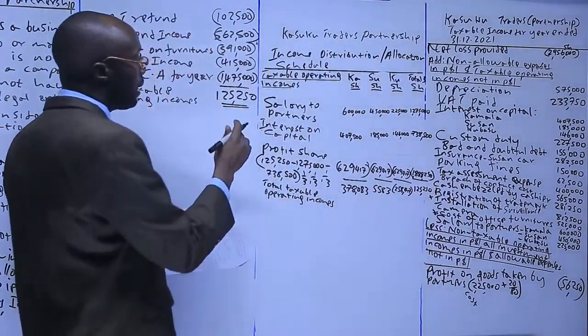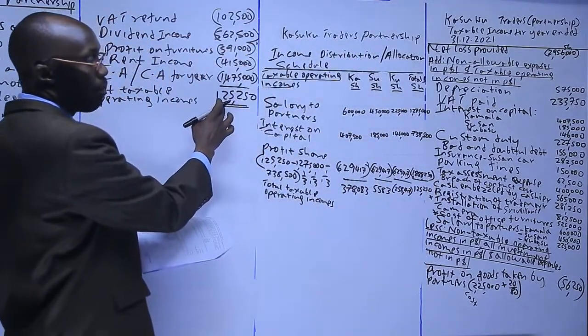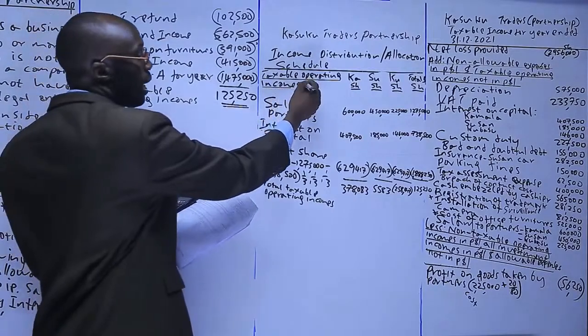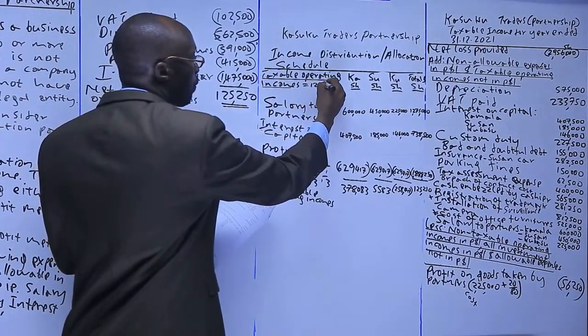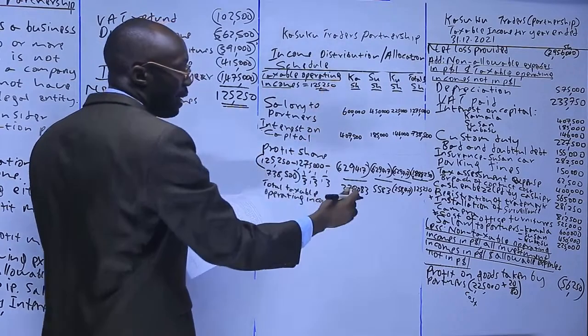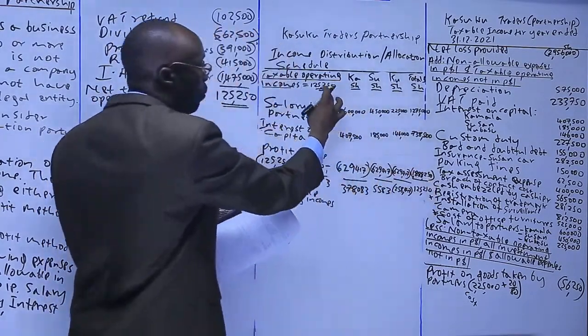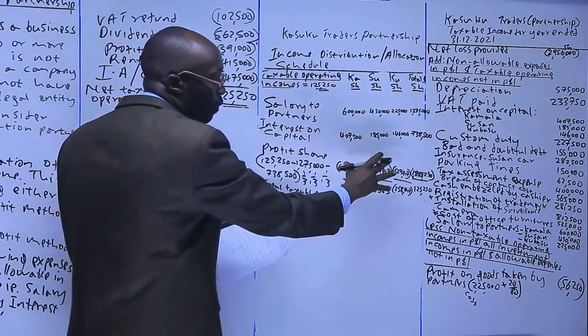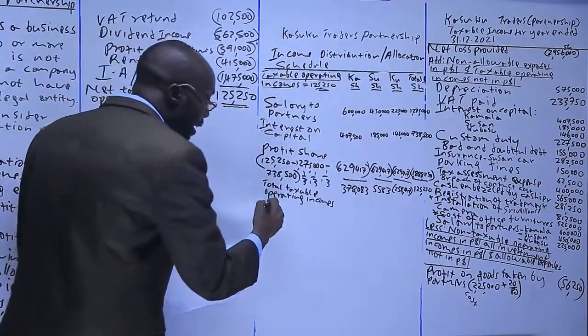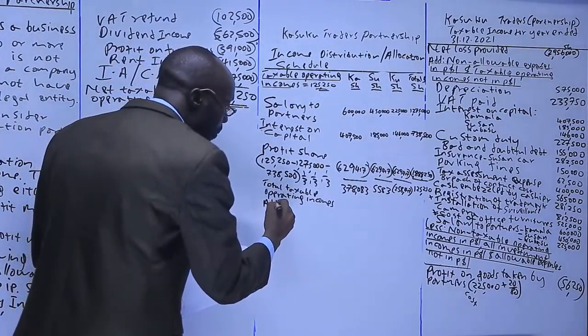That answer, you'll find, is the operating income, because remember we have been distributing this operating income. Actually, we can even write it here, 125,250. So at the end, the total column should tally with the operating income, because we have distributed through salary, interest, and profit share. Once you do that, now we said the investment income comes here.